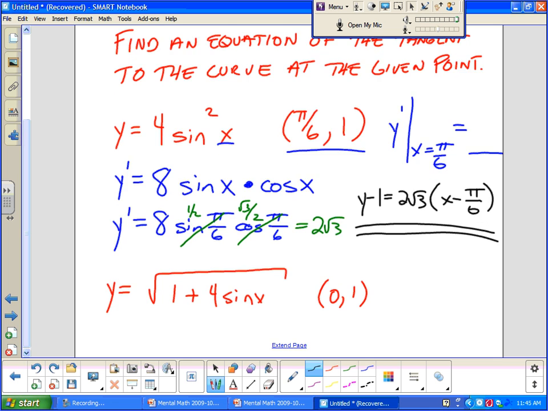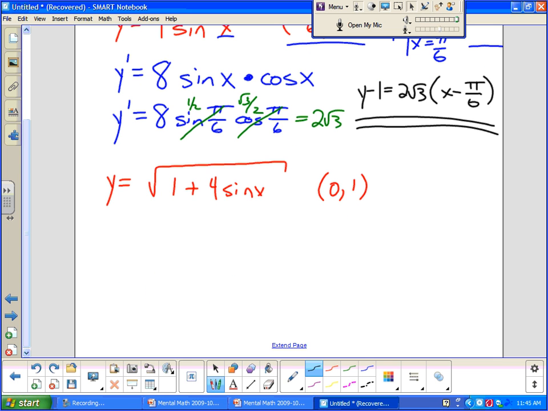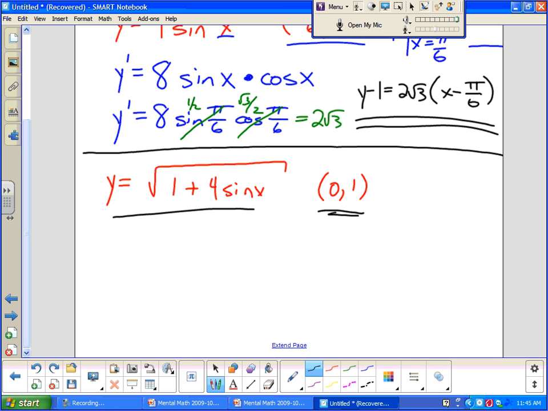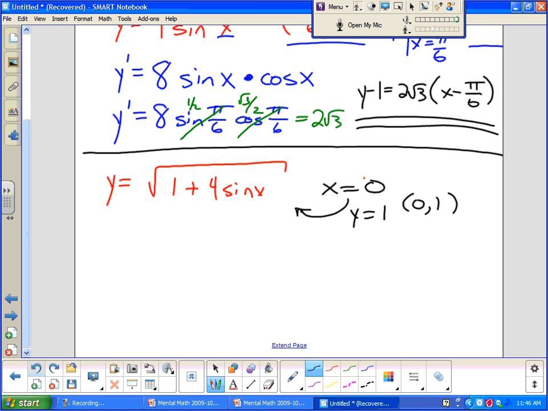So again, I want to do another one of these because it's just good practice for you to see. Find the equation of the tangent line to this function at this point. Now, I could have said find the equation of this line at x equals 0, and you'd have had to plug it in and calculate that y was 1 to get the point.